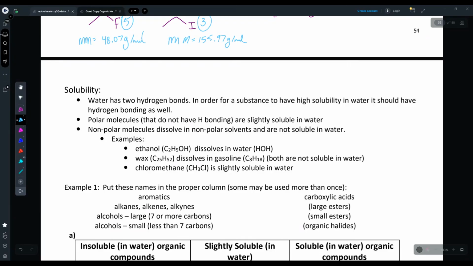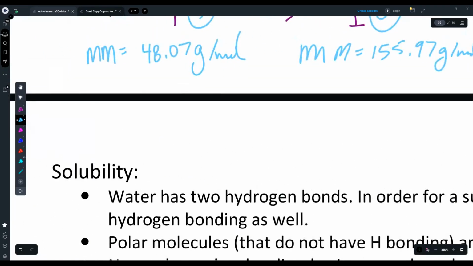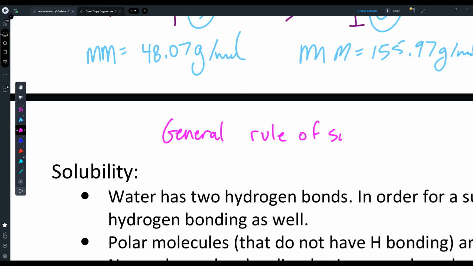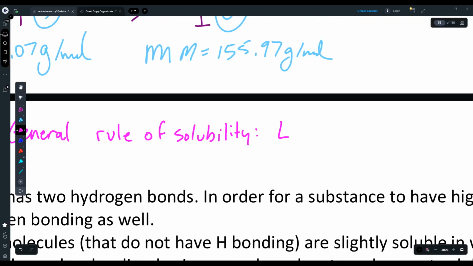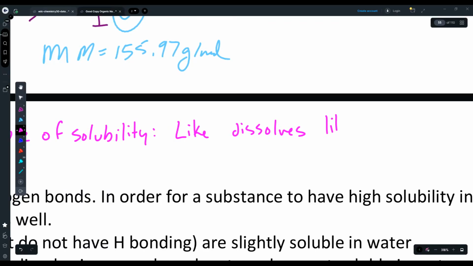Okay? So let's just write out the rule that I was talking about. General rule of solubility. Like dissolves like. What does this mean?